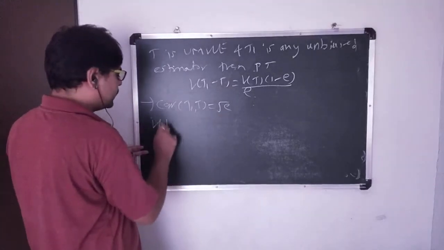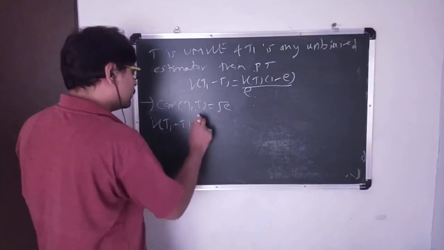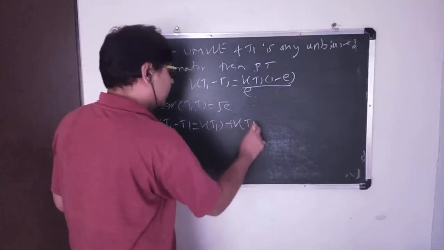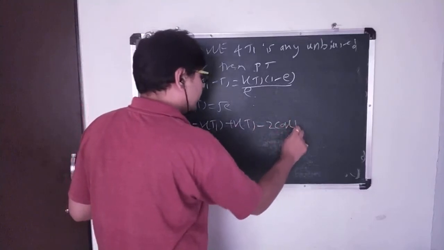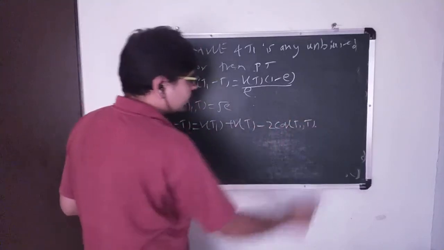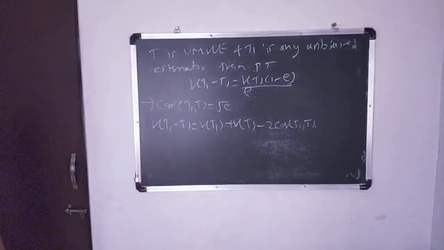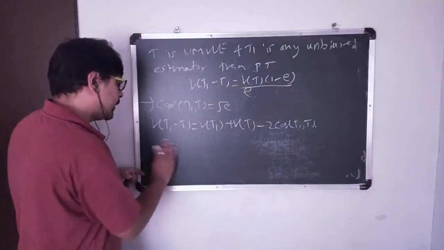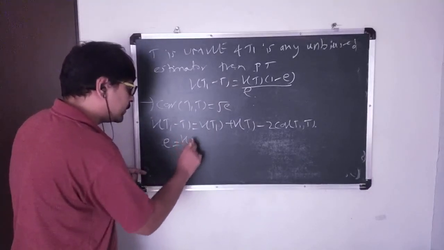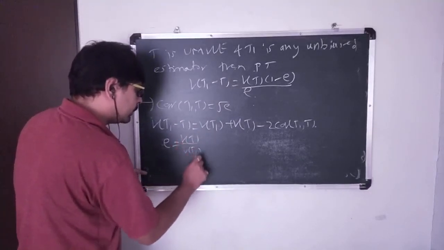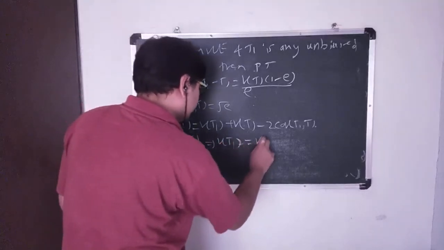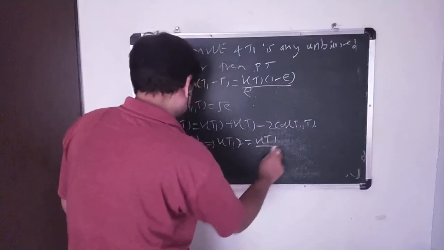So variance of T1 minus T is equal to variance of T1 plus variance of T minus 2 times covariance of T1 and T. Now we are given efficiency is equal to variance of T divided by variance of T1. So variance of T1 is equal to variance of T divided by e.